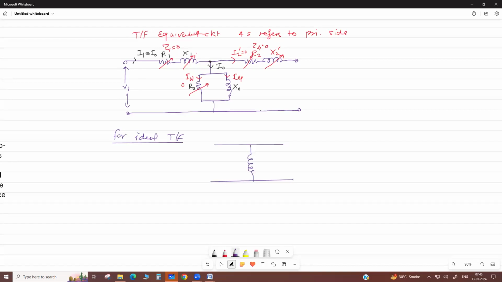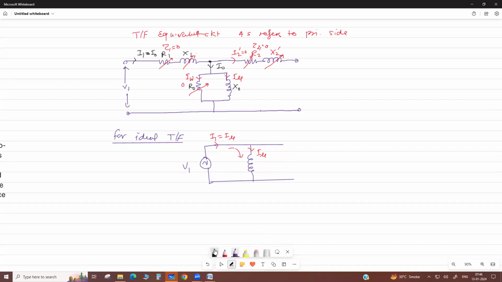Okay. Now here we apply the voltage V1, rated voltage, to the primary. Then a current flows, but at no load it takes only magnetizing current. So I1 is equal to I mu only. Then it produces the flux. That flux is linked with primary and secondary. Magnetic flux.